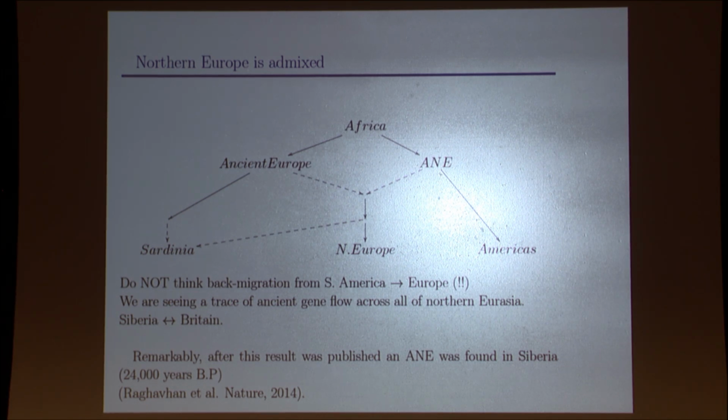The Karitiana are not the only ones for which this works, and in fact, even if you replace the Karitiana with Han Chinese, you get a statistically significant result, and we now think the reason for this is there's been gene flow between the ANE and the Han. But the Han are a whole other subject with their own unique and complex history, much of which has nothing to do with this event.